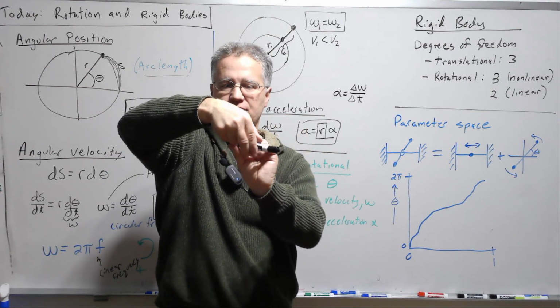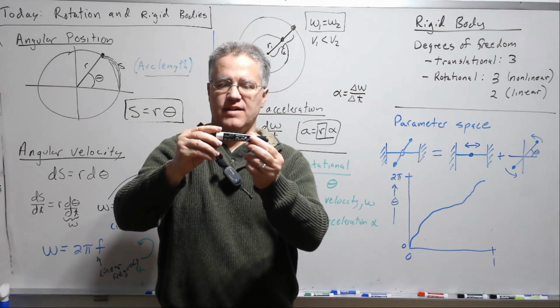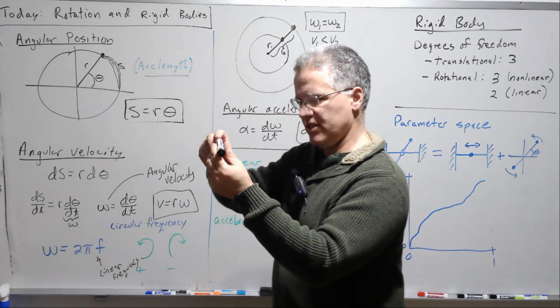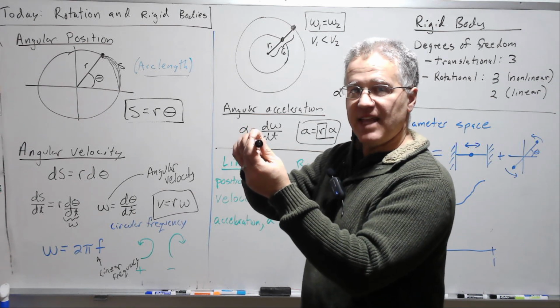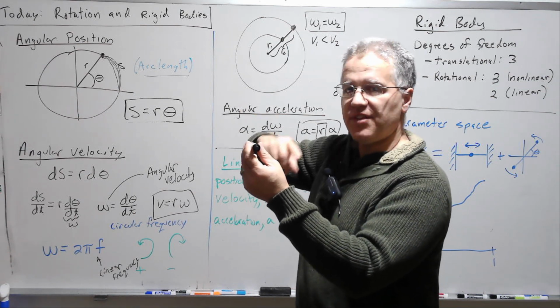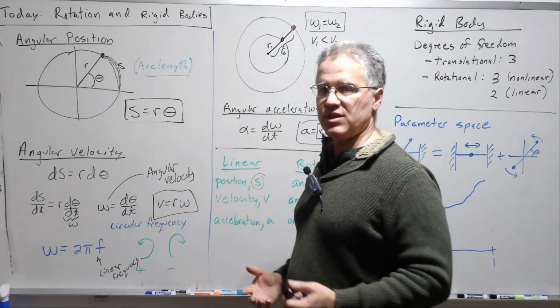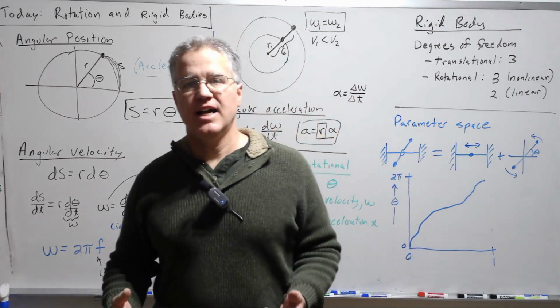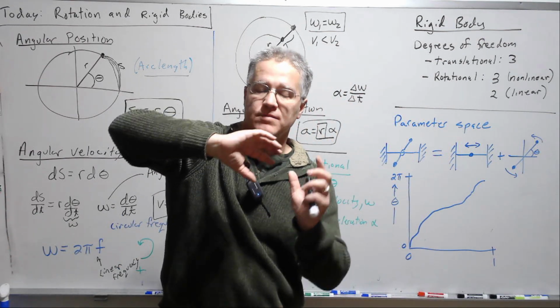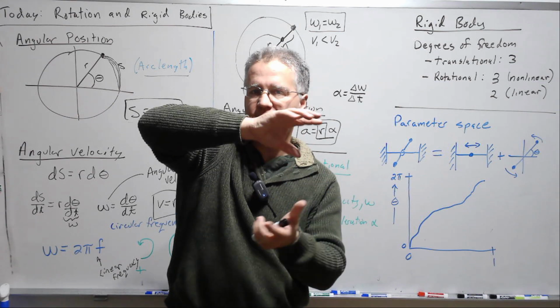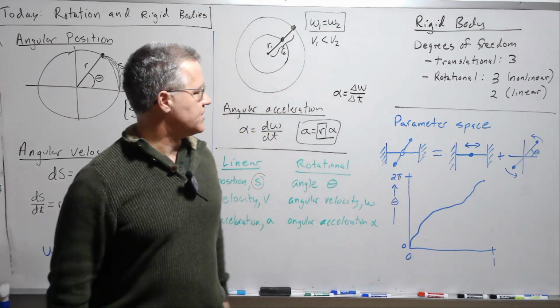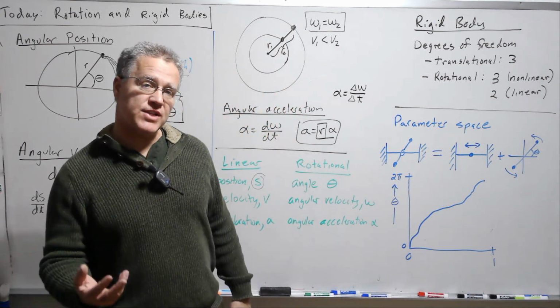We can rotate about this axis. But if I just sit and spin this way, that's not a rotation. Nothing is moving about the center of mass. So rotation has to constitute some part of that, or that object is rotating or moving around its center of mass. And so we have special cases here now.